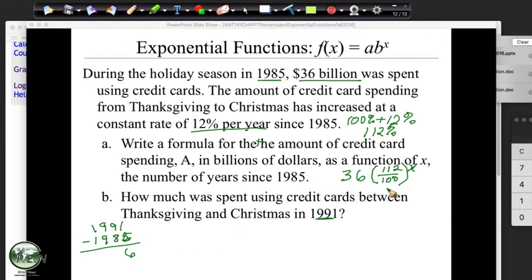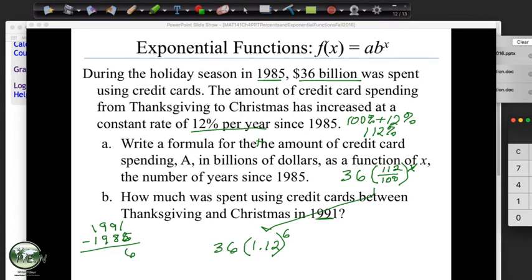So what we do is we take our formula, 36 billion times 1.12, and then we raise it to the 6th power. Now the problem is on this standard calculator, it doesn't have an exponent. So for that, you just need to make sure you switch over to the scientific calculator.